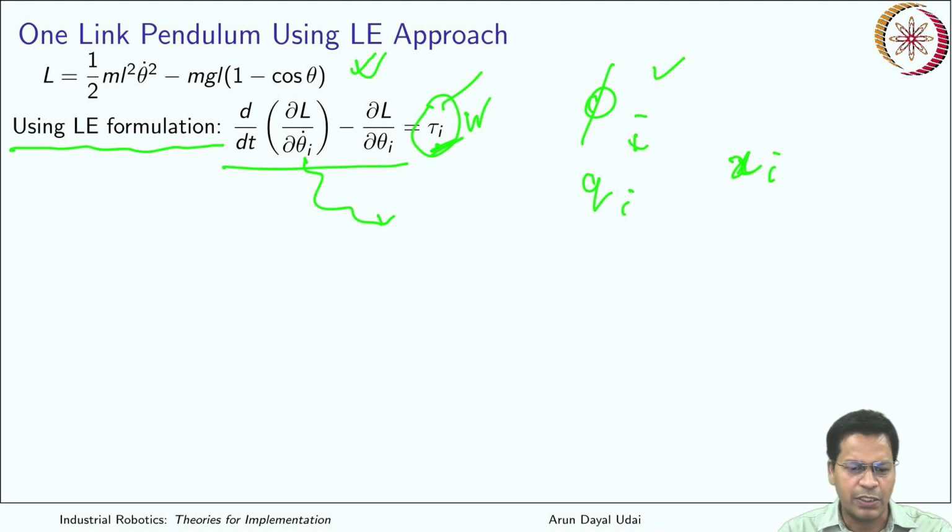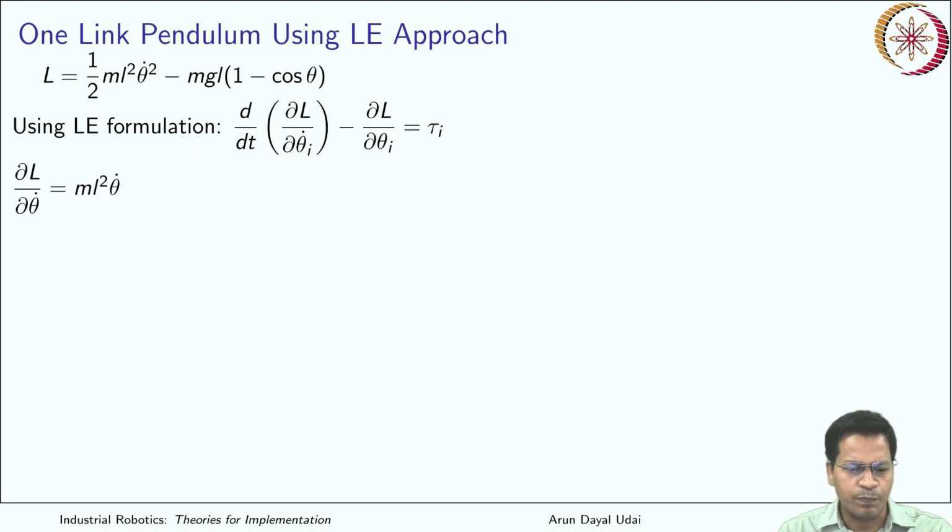So let us begin with this Lagrangian that we have just derived. Taking the partial derivative with respect to theta dot, only this term has it, this one doesn't, everything else will be treated as constant. So it is 1 by 2 m l square theta dot square.